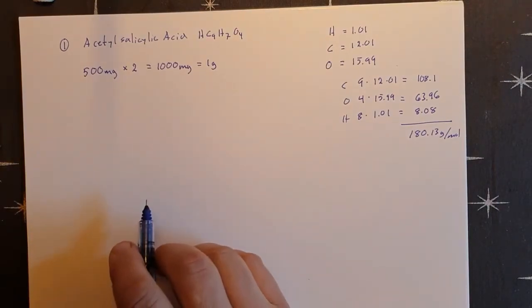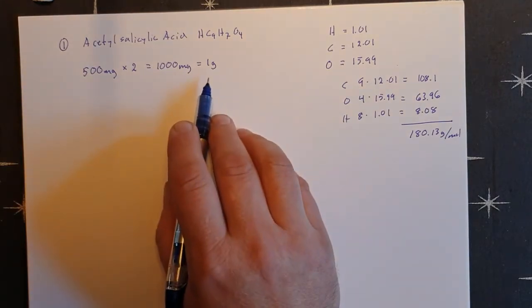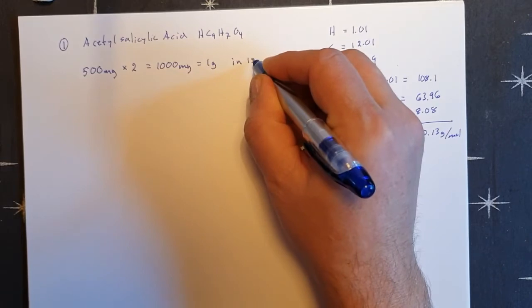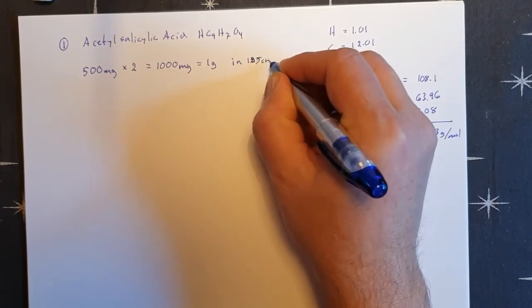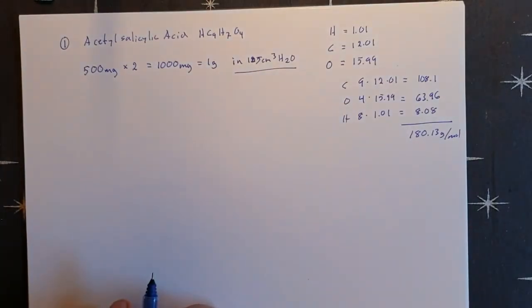And the question then tells us that we need to dissolve it in 125 cubic centimeters of water. We can just write that there to remind ourselves later.